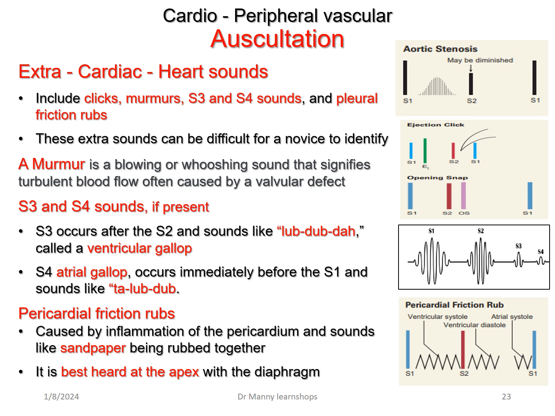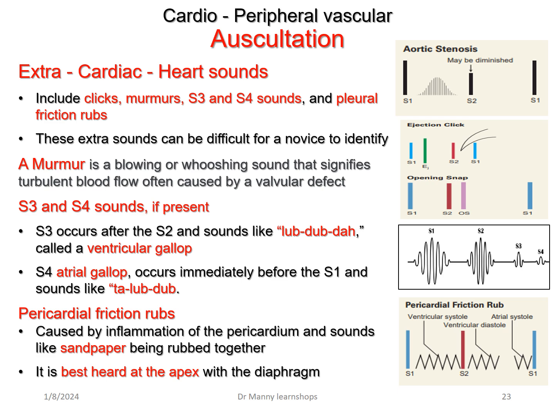As I said, an S3 or an S4 heart sound occurs after the S2 and sounds not like lub-dub, which is S1 and S2, but like lub-da-bar, lub-da-bar. This is often referred to by the academics as a ventricular gallop, because it sounds like a horse galloping.